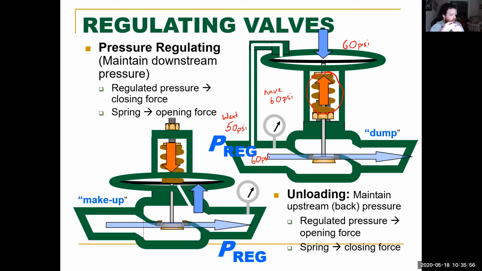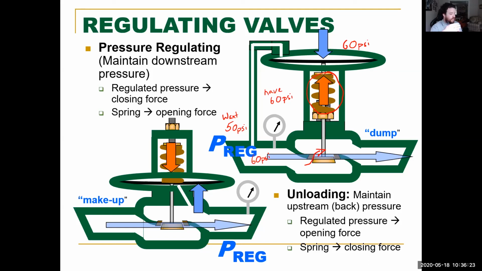That high pressure on top of that baffle is going to push on that spring and compress it. Compressing that spring is going to open up this valve and allow fluid to escape. And it's going to go from 60 to 59 to 58 and all the way down to 50.